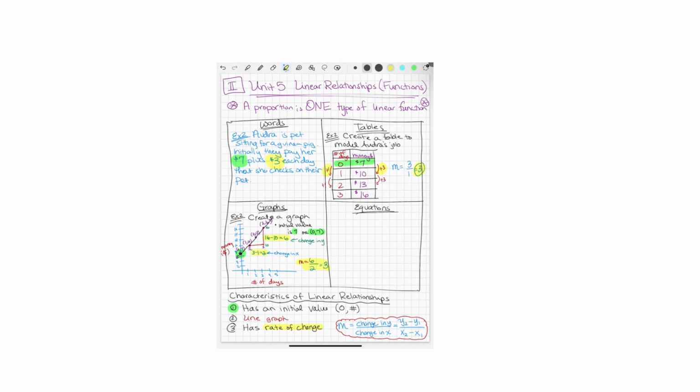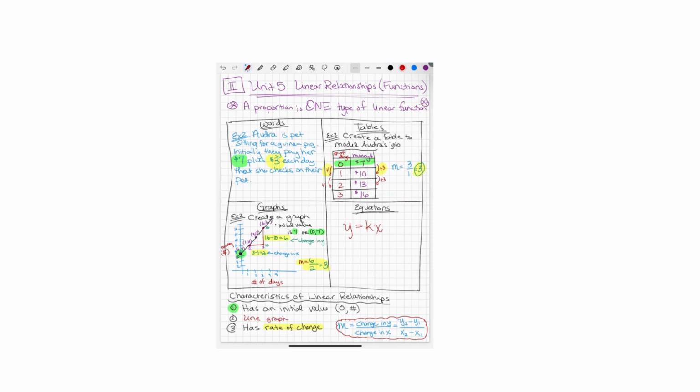Now we're rolling up to our equation. And the equation is going to start out looking a whole lot like our, don't write this part down yet. I'll show you. So there's our constant, our proportional relationship equation. You don't have to write this part down yet. Now here's what happens.